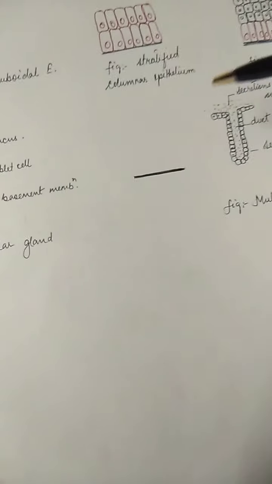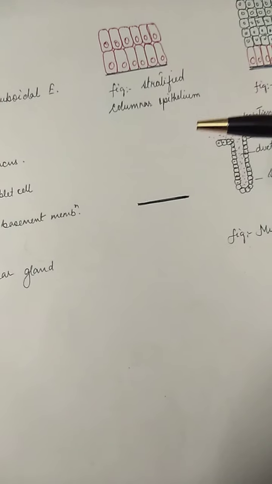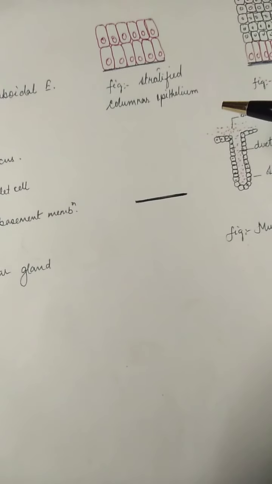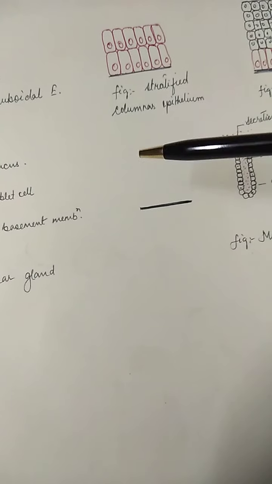Whereas endocrine glands do not possess any ducts, hence their products, that is hormones, are secreted directly into the fluid bathing the gland.